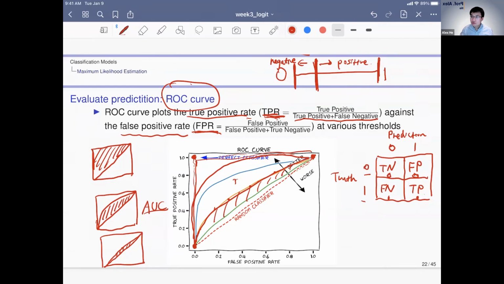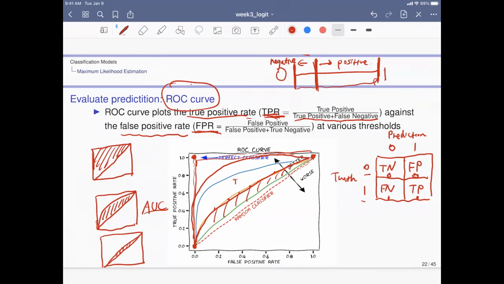Another question from Shirley. Yeah, I just want to follow up on that. Is there a best threshold? Oh no, you always move the threshold all the way from 0 to 1.